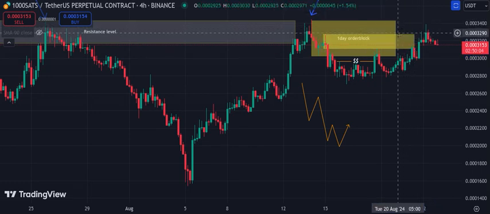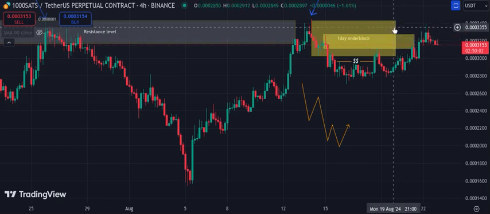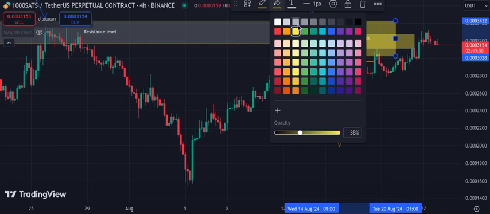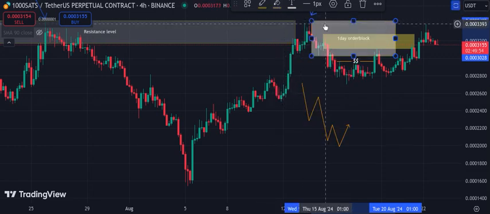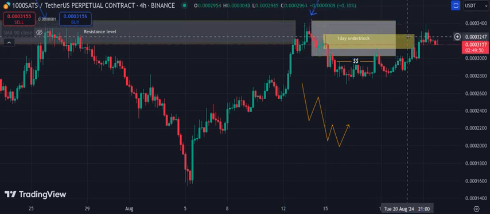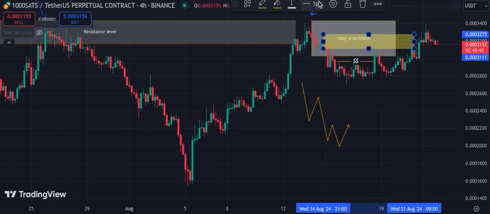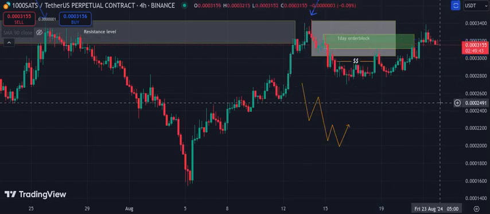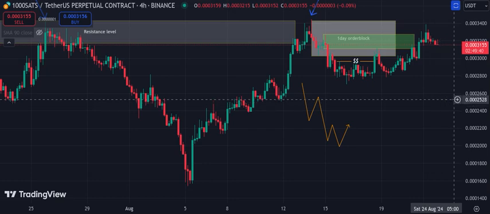If I am not mistaken, let me change the color so we'll be able to see. And this one should be green. So I hope you can see what I'm doing here.